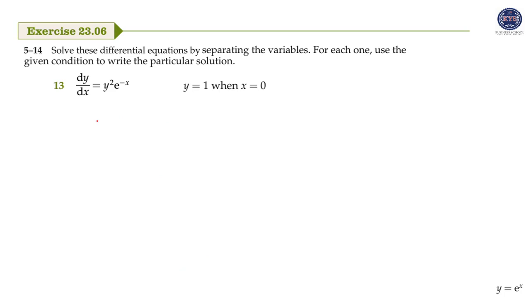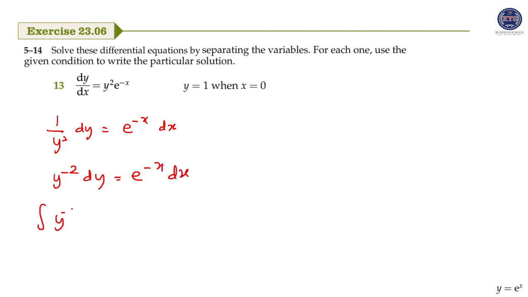So number 13, again we solve by using the separable method. You have 1 over y squared dy equals exponent of negative x dx. Bring up the power, it becomes y to the negative 2 dy equals e to the negative x dx.